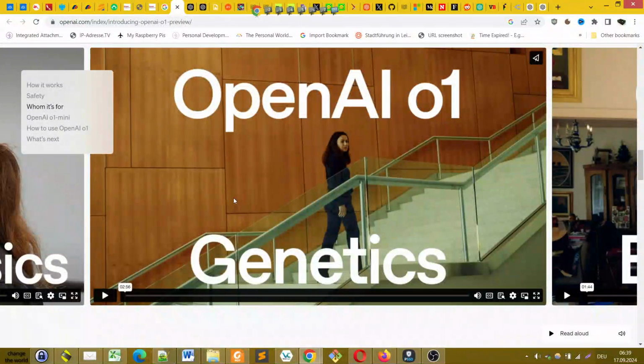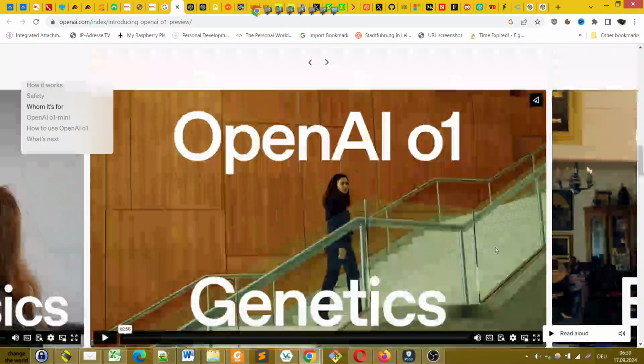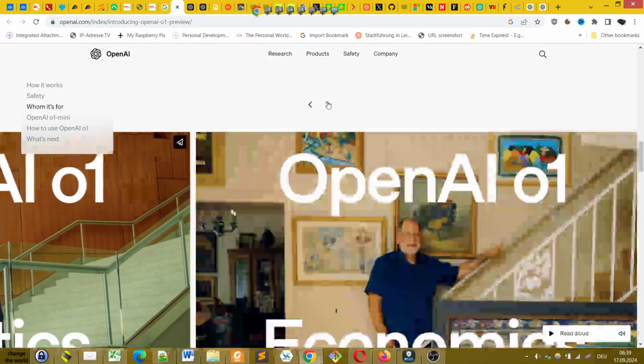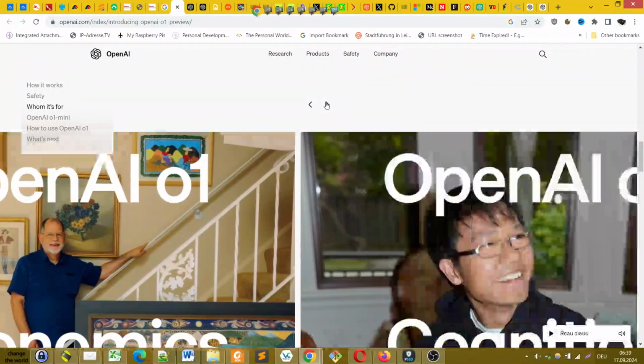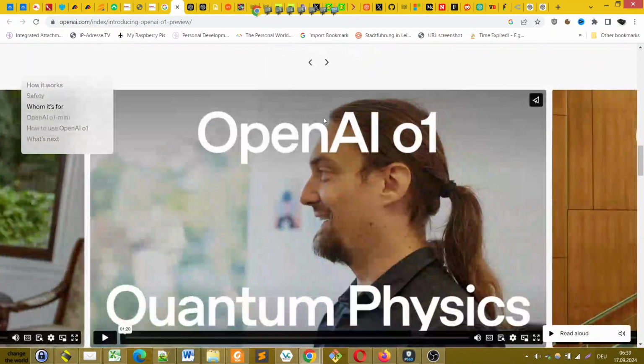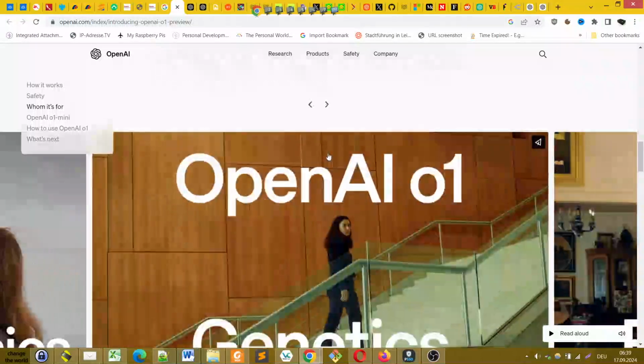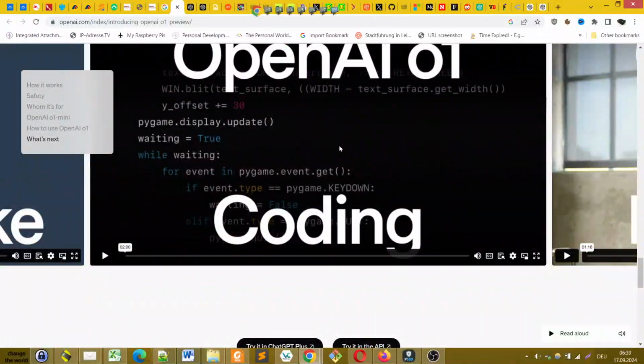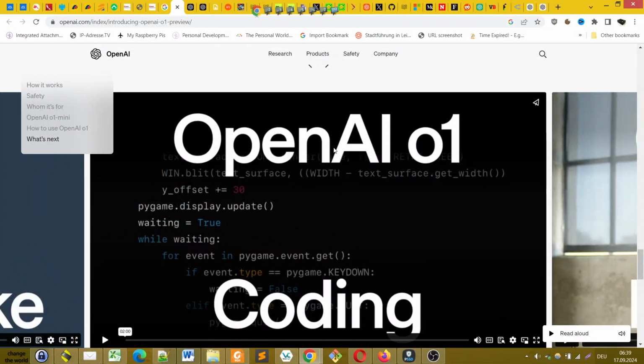And they give different examples for genetics, for economics, cognition, quantum physics. There's also some applications of puzzles. So to this list you can add people who are too lazy to solve their own puzzles and need an AI model to solve them for them.